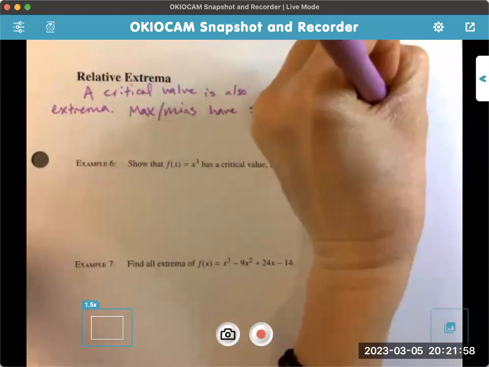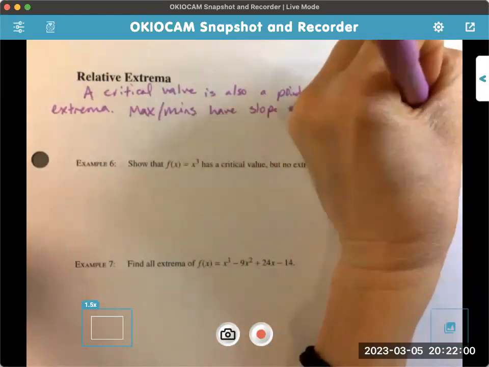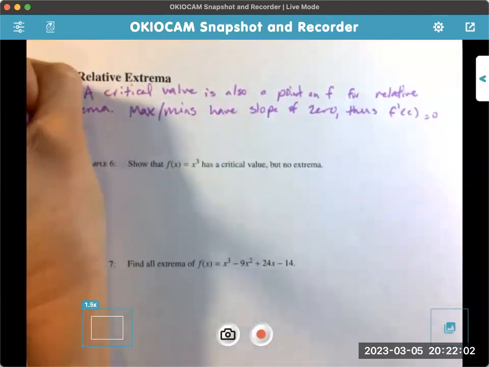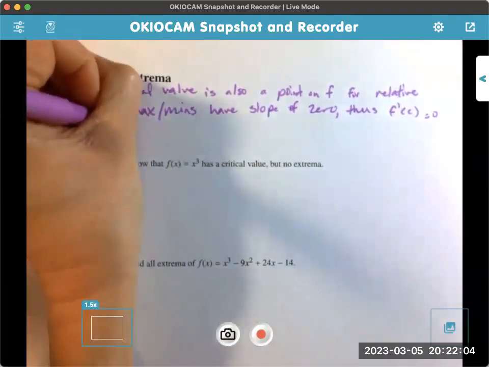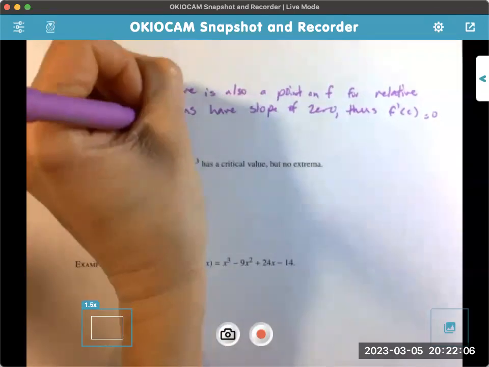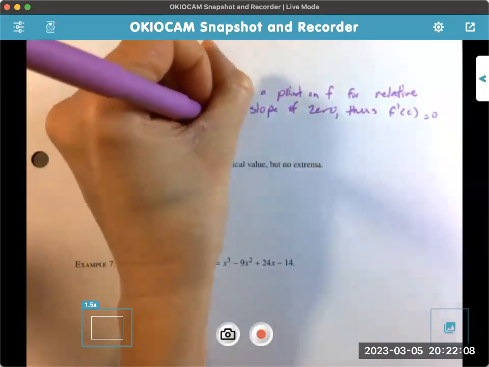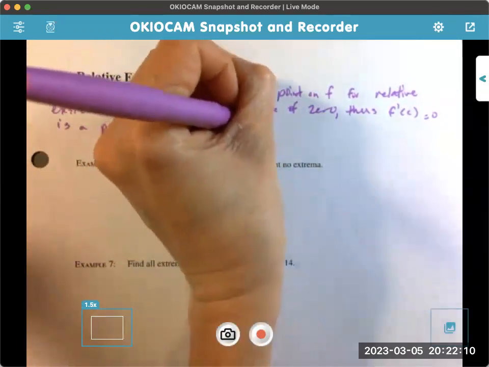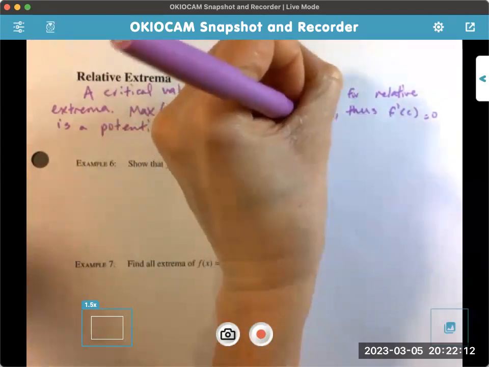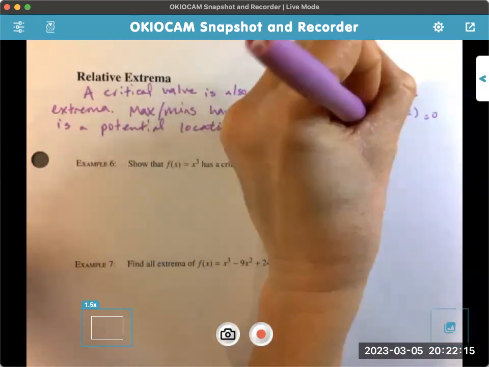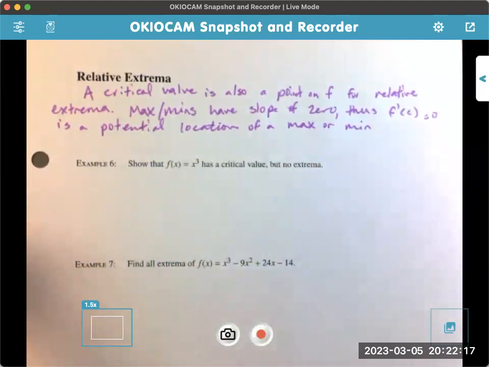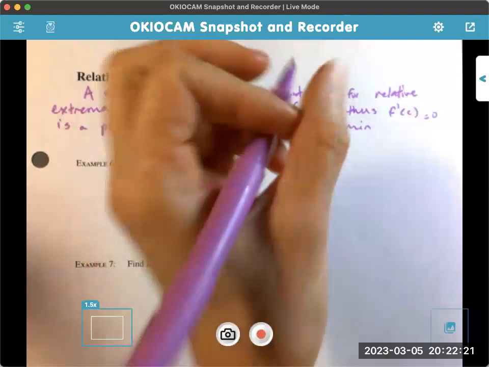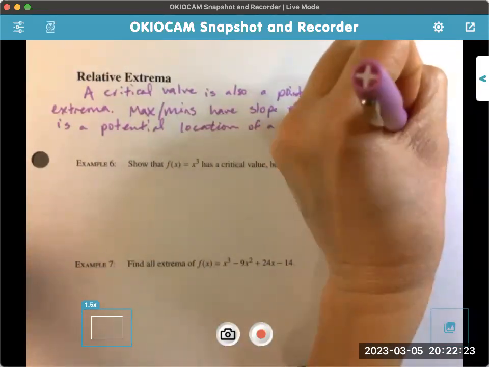Thus, f prime of c equals 0 is a potential location of a max or min. Okay, let's see. Yeah, I lost my place in my definition.